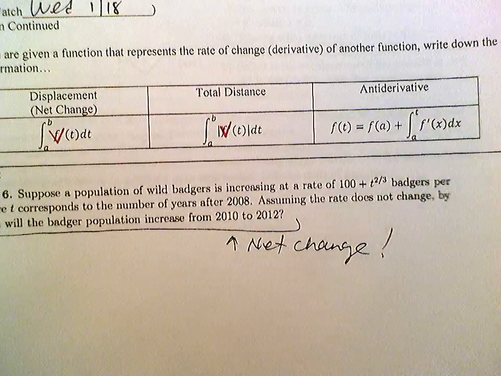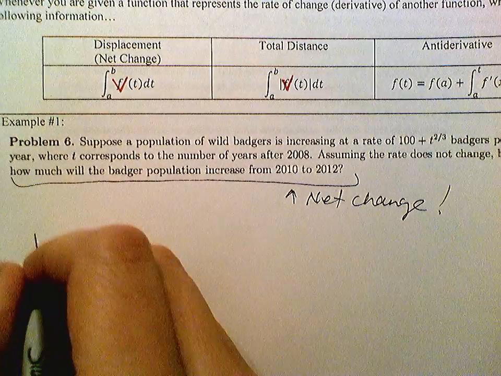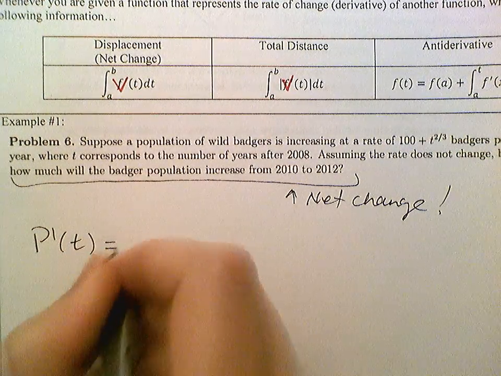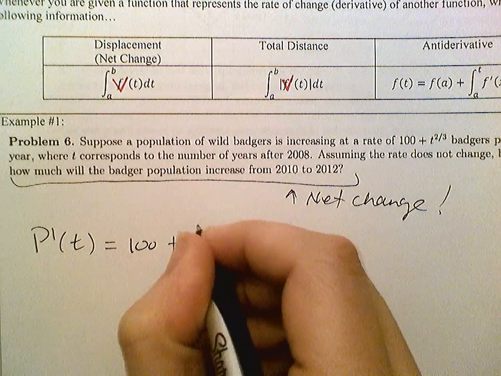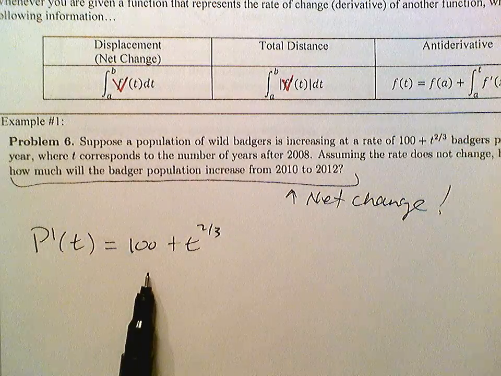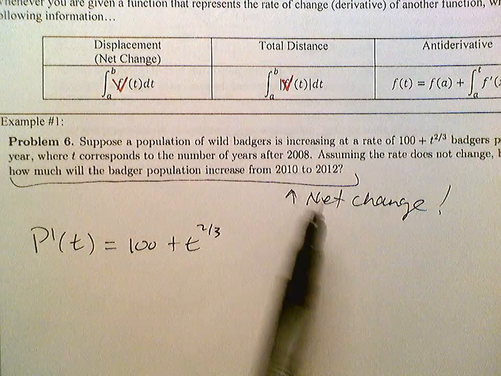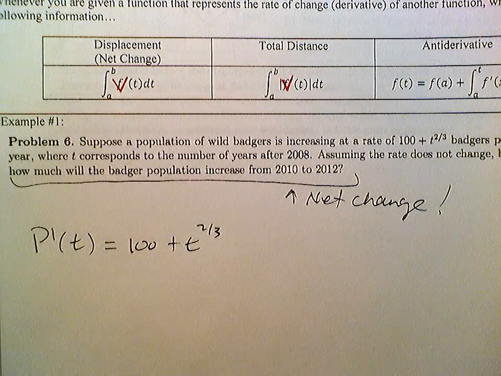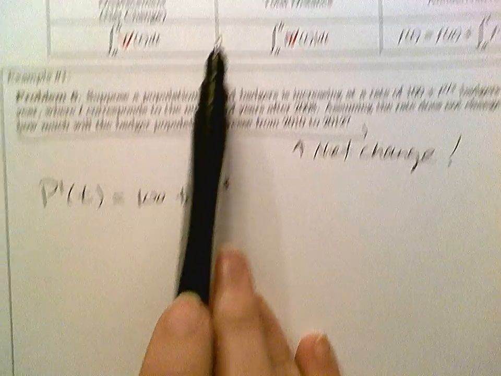If we let P be the population of badgers, that would be P prime. They're giving us that P prime of t equals 100 plus t to the 2/3, and this is the rate of change of the badgers per year. If I want to find the net change in badgers on a certain interval, I'm just going to have to use this net change formula.